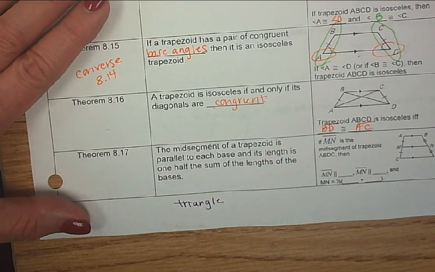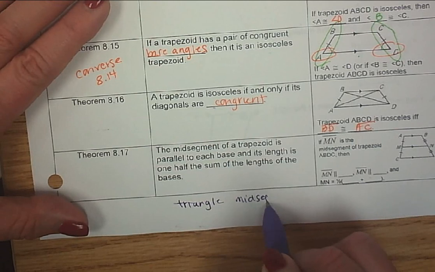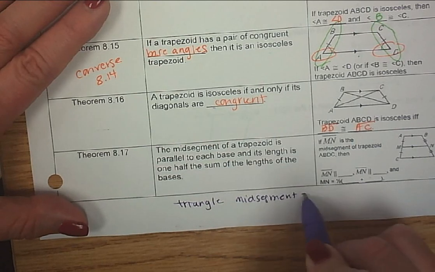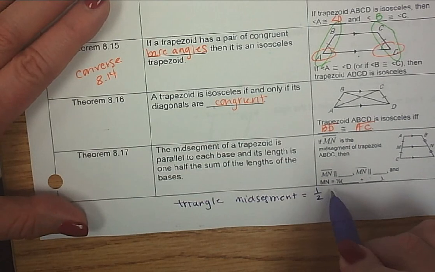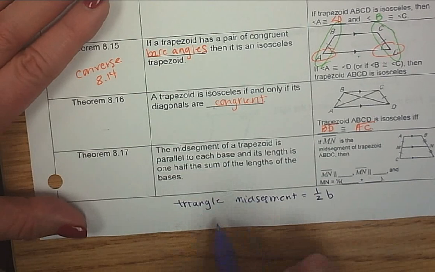So now with my isosceles trapezoid, it's still 1/2 of my base, but now I've got two bases, so I have to add them together. It's the same idea as the other mid-segment, it just adds on the fact that now I've got two bases, where with the triangle I only had one base.